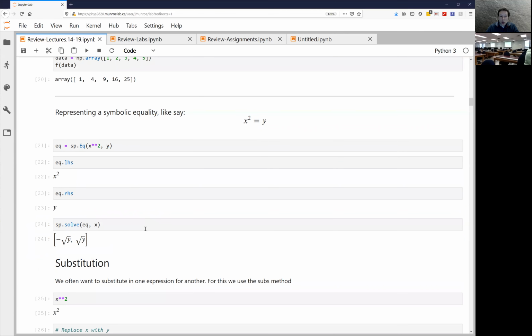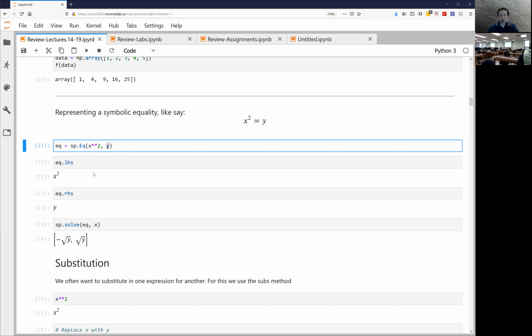We talked a little bit about solving equations, and the important takeaway here for SymPy is you can't set up an equation by saying x squared equals y. Equals is already reserved for assignment in Python. So there are 2 structures. One is to use the Eq expression, basically saying this thing is equal to this thing.